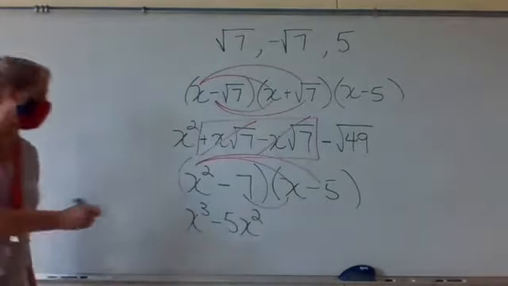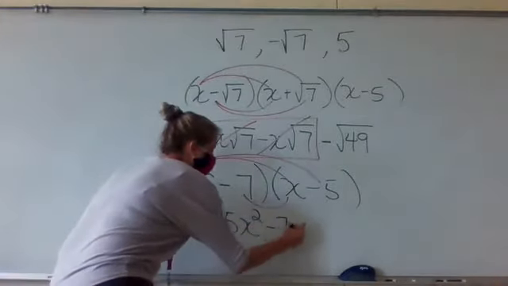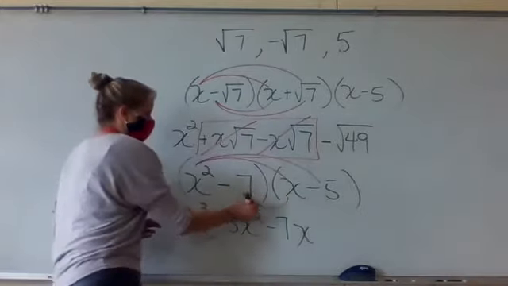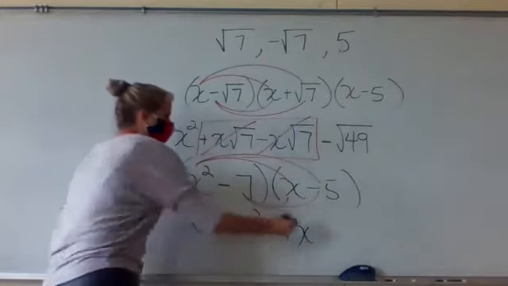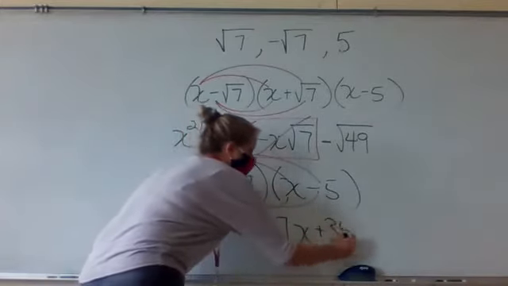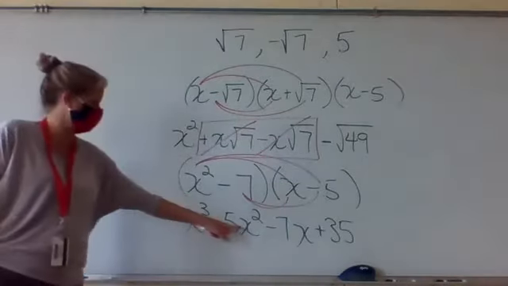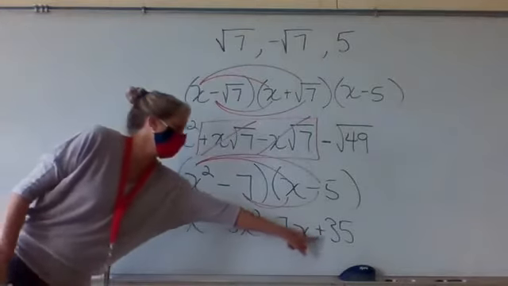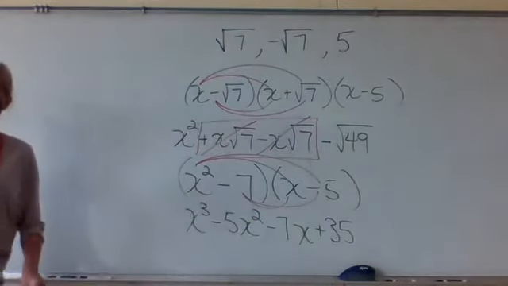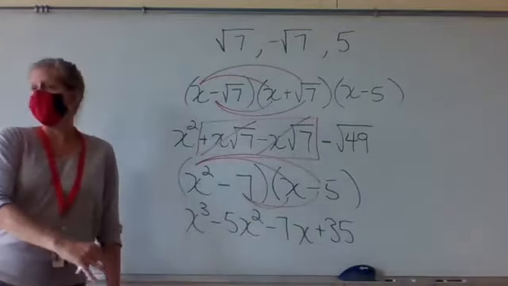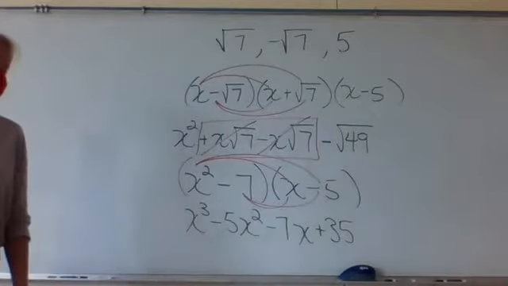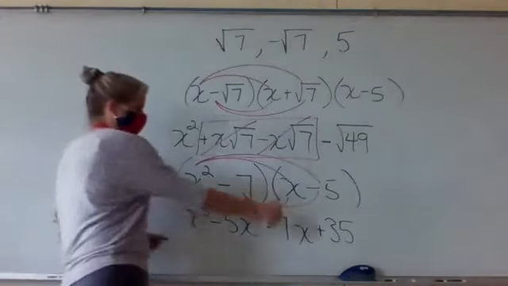Negative 7 times x gives me negative 7x. And negative 7 times negative 5 gives me positive 35. So when I'm looking at these, I have x cubed, x squared, x, constant. So everything's in the right order. And none of them are like terms, so I can't even combine any of them. So that's as far as that one goes.